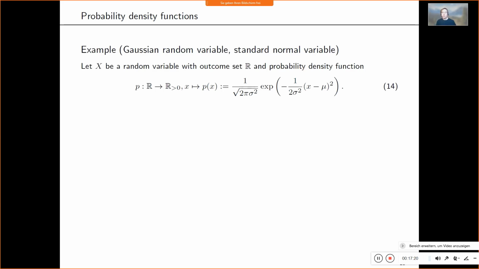And then, of course, the most famous probability density function is the probability density function of a Gaussian random variable.